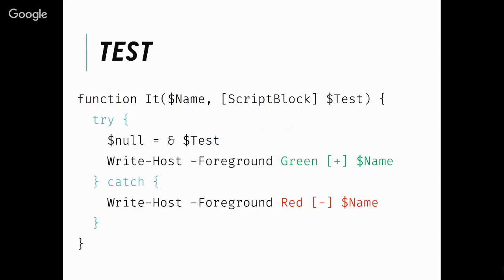And if the test block doesn't throw any exception, then we go to the next line and we print the green result, which is the name of the block. And if it throws any exception, then we print a red result. We would, of course, also print the message from the assertion, but this is the very, very basic concept of how it works. There is no magic in it.